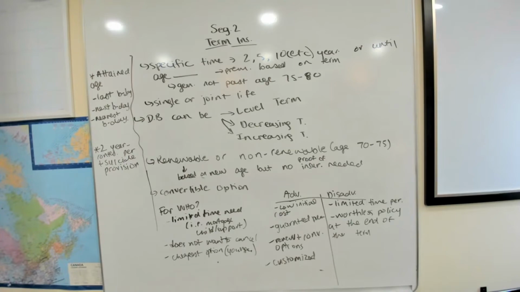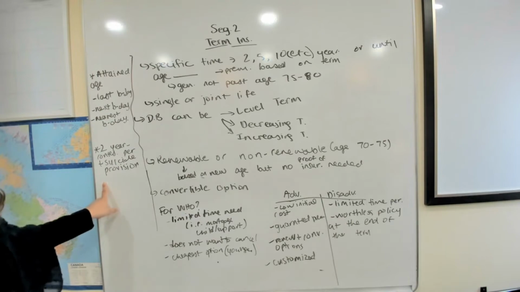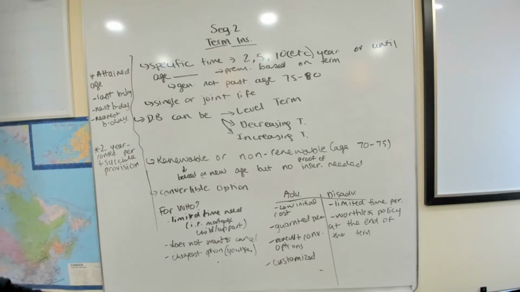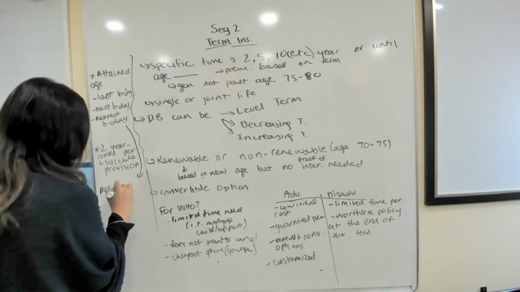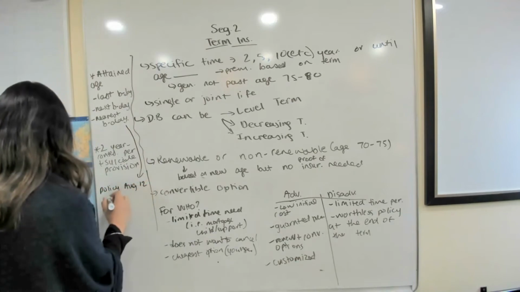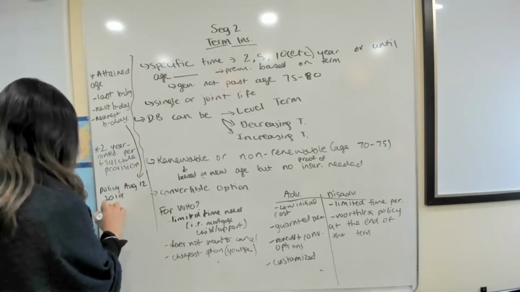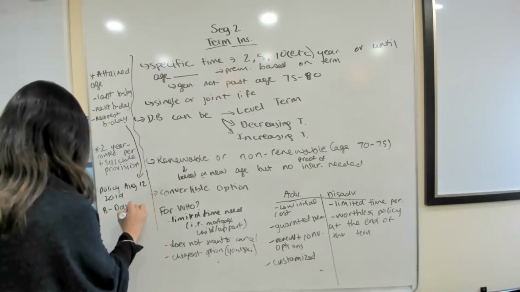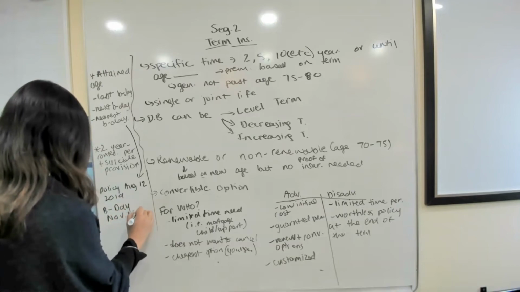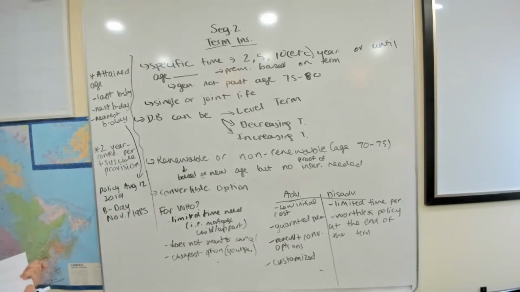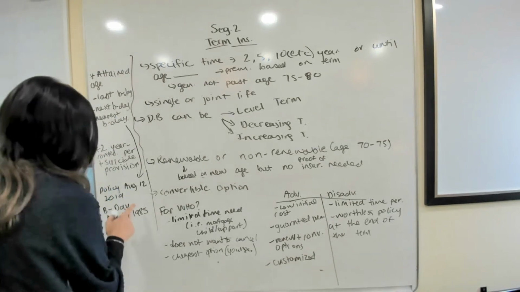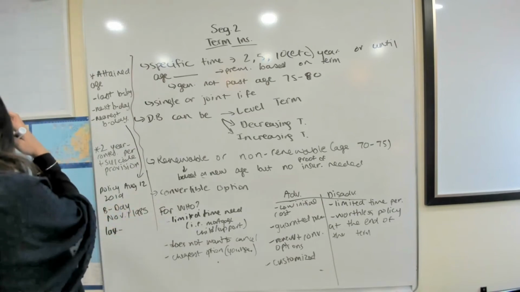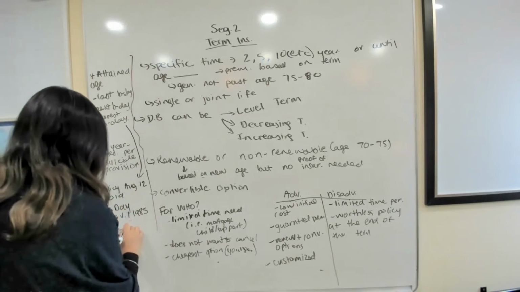So just as a quick example, let's say Tom bought his policy on August 12th, 2019. So we'll write this down as an example. The policy was bought on August 12th, 2019, and his birthday is November 1st, 1985. So now if we were to use these numbers, and if we go by his last birthday, when he bought the policy, he's going to be considered to be 33 years old.